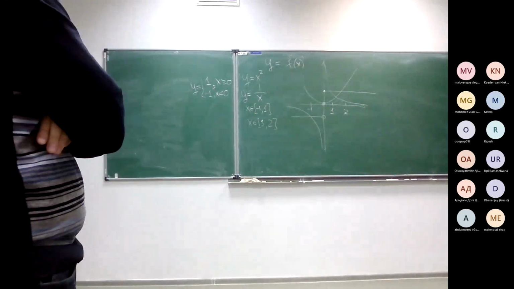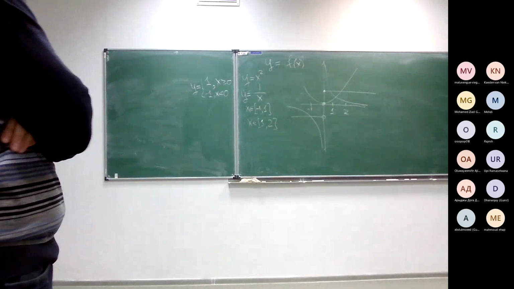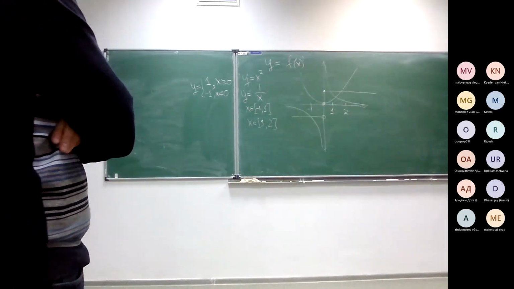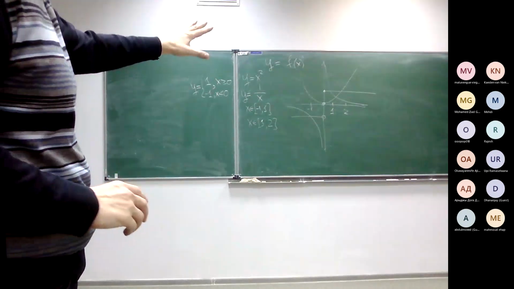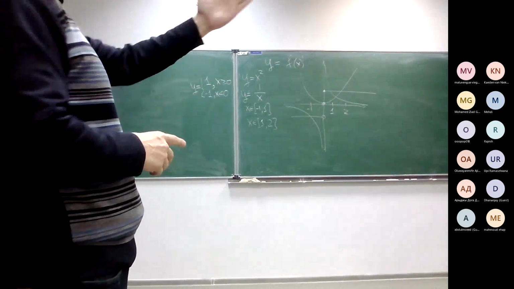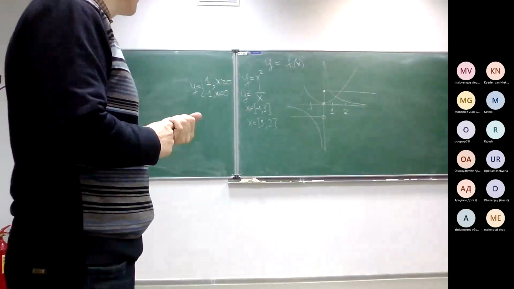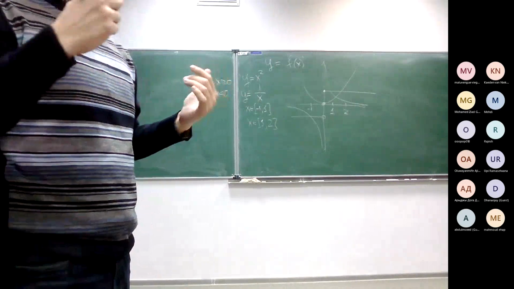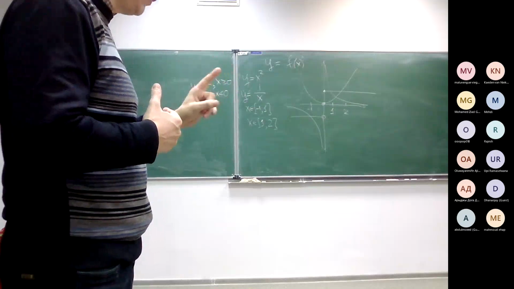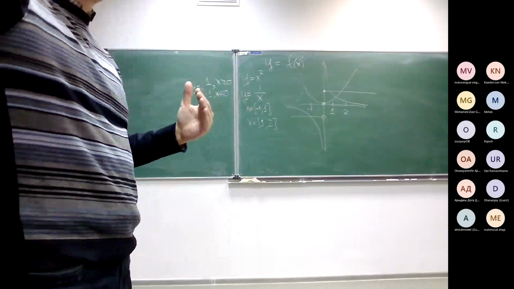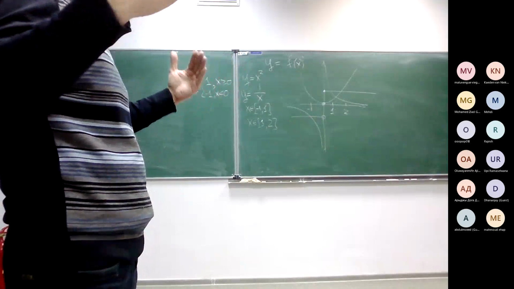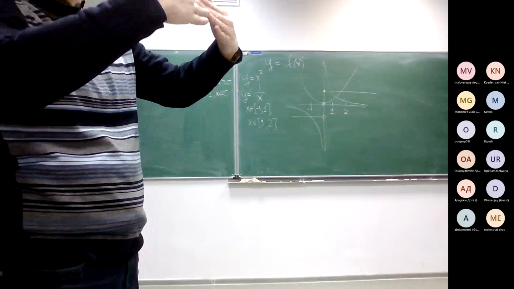Well, but how to give a definition of a continuous function without graphs? Very simple. If we know what the limit is, I can say that the function is called continuous when the limit from the right and the limit from the left are the same.